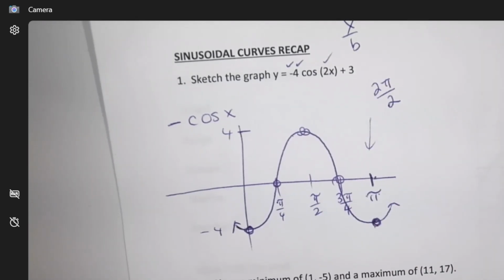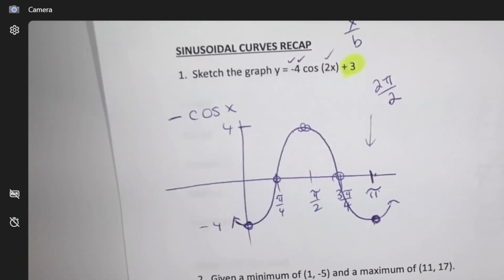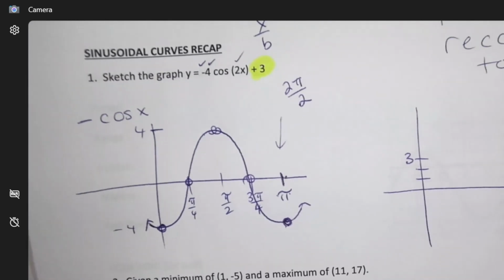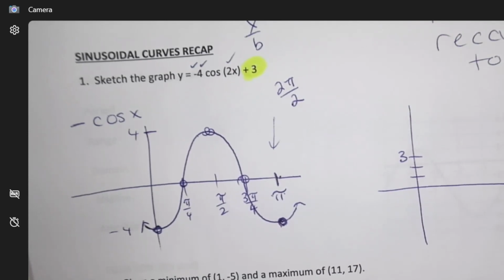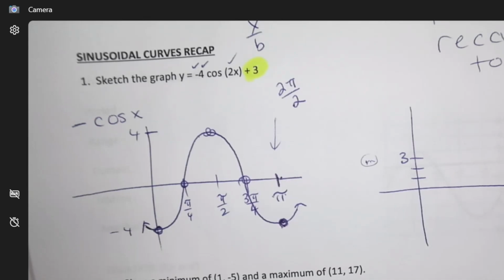We have to draw another graph because we have either a C or D. You're going to have to draw another graph now. Okay, final graph. 3 is important because that'd be a middle.